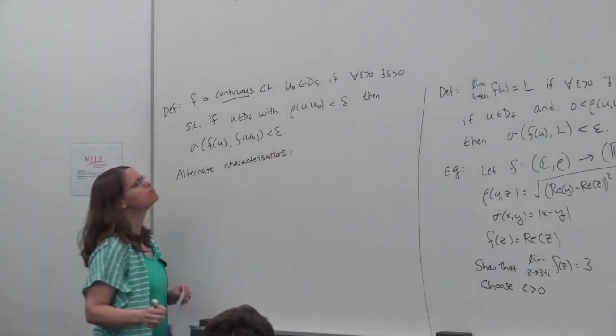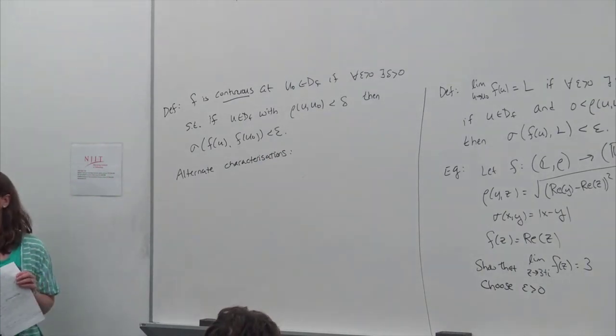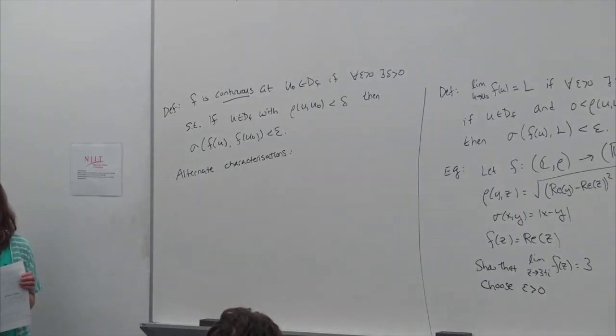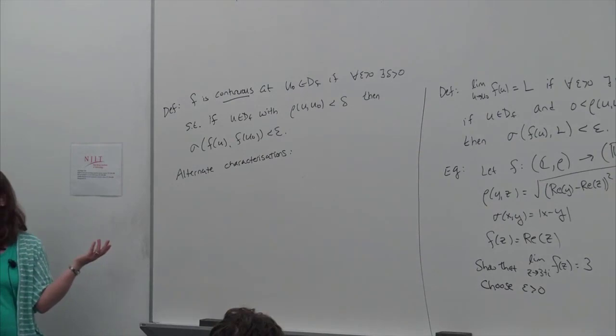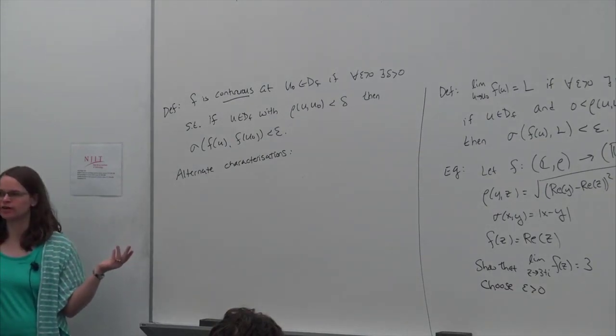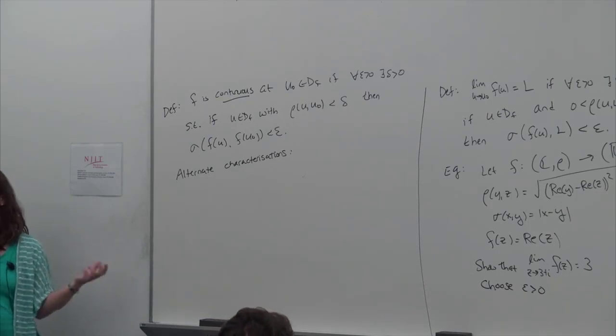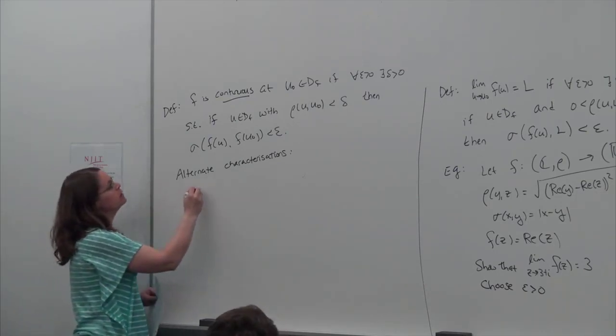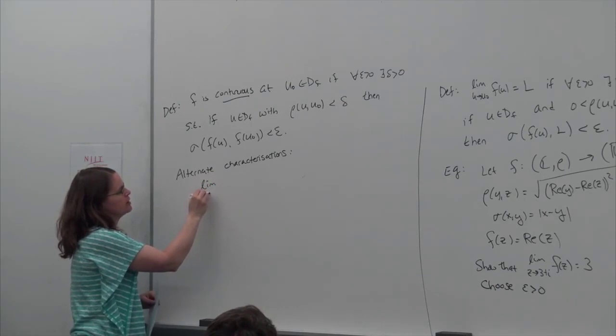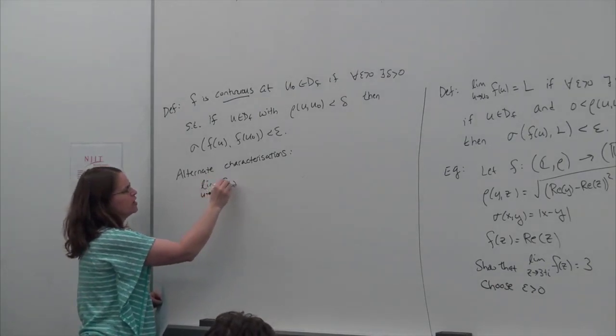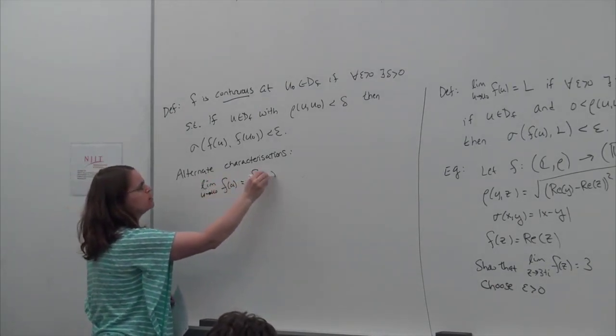All right, so again, there's nothing new or different here. And we've seen in the past there are different ways to characterize continuity. One is the obvious one, that the limit is equal to the function value. That still works, because limits still make sense. So the limit as u goes to u naught of f of u equals f of u naught.